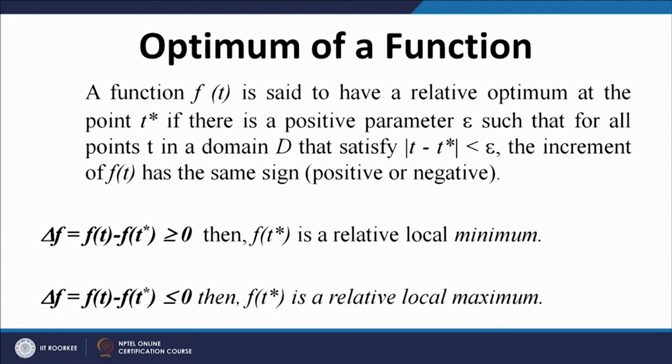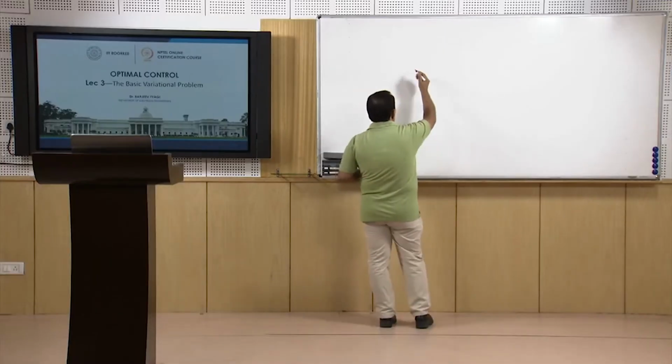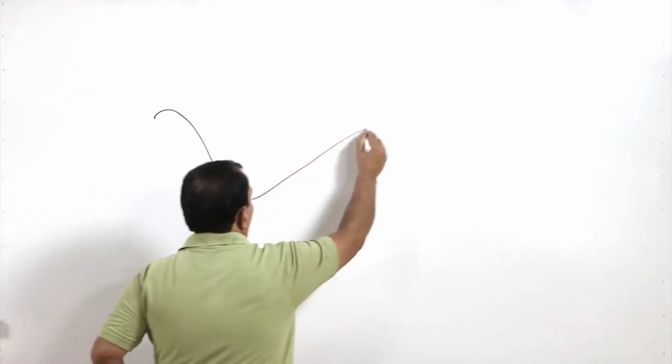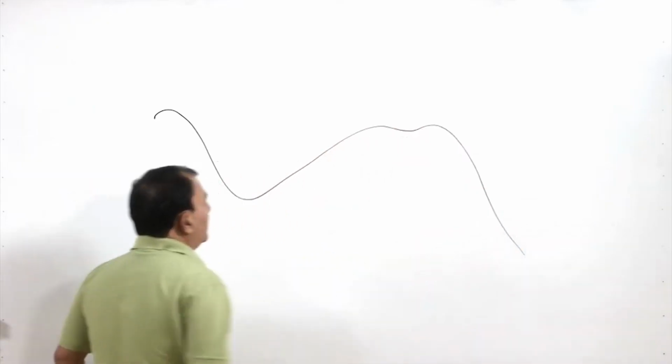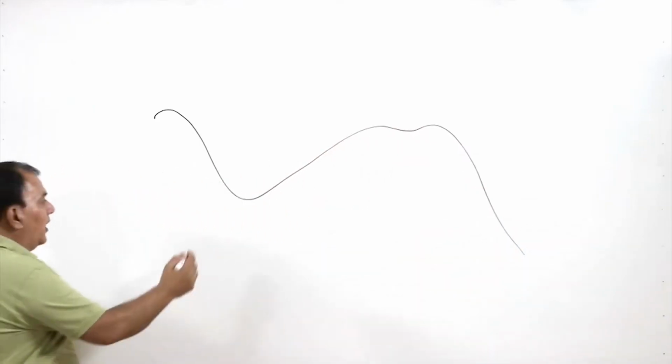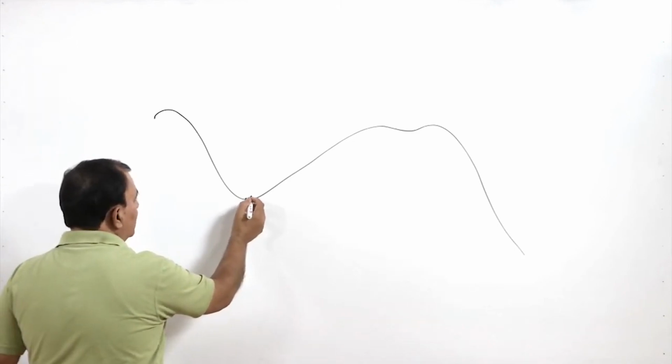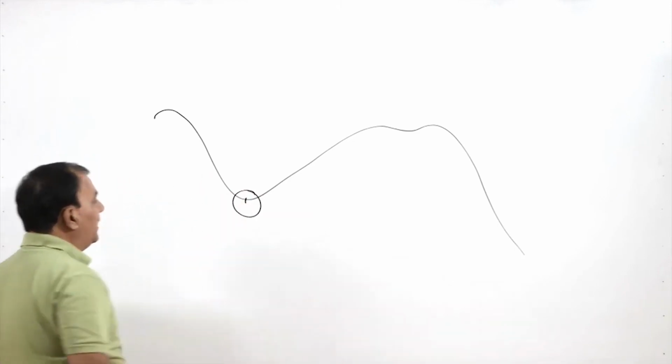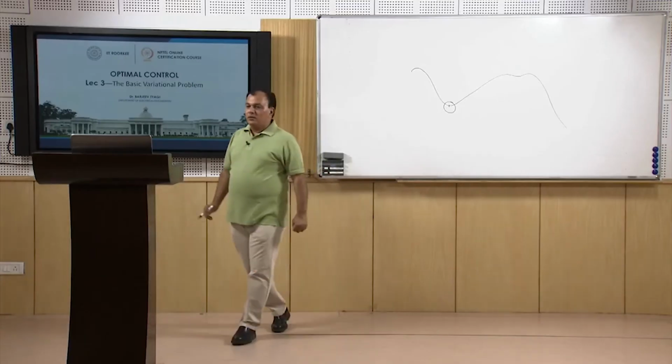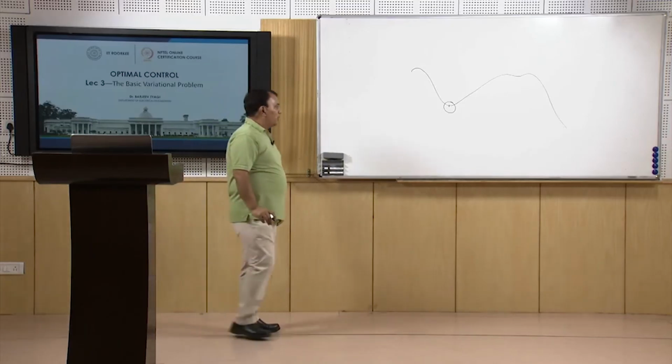This means if we have a function f(t) which can vary in different ways, at a given point we will try to find out what actually will be my optimum point.